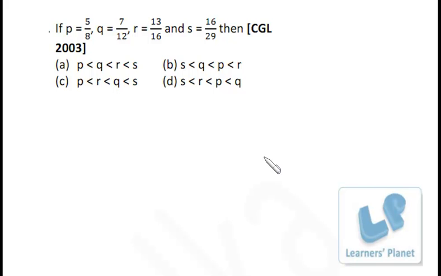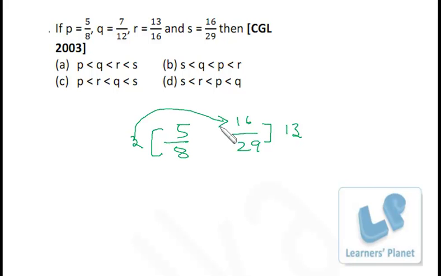Now I tell you one more method of finding out. I just wish to eliminate two options, so I compare P and S. Here the difference is 13 and here the difference is 3. Now the next step: multiply this difference to this numerator, and this difference to this numerator.